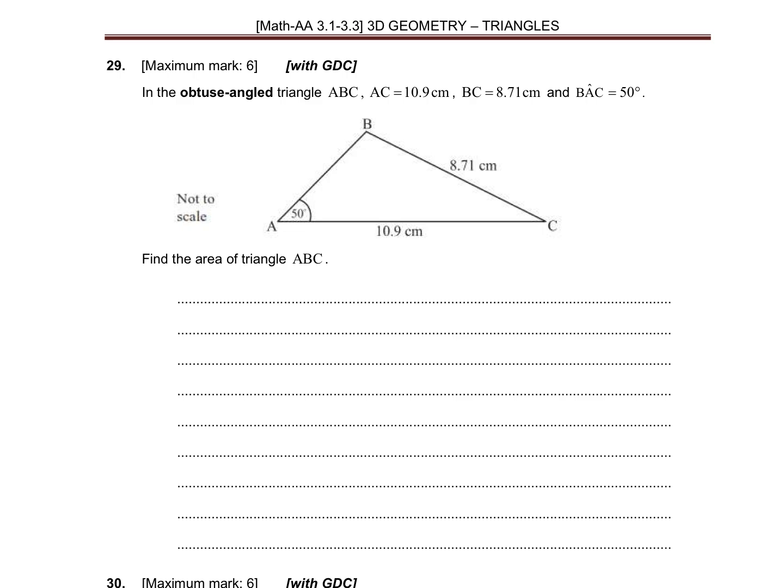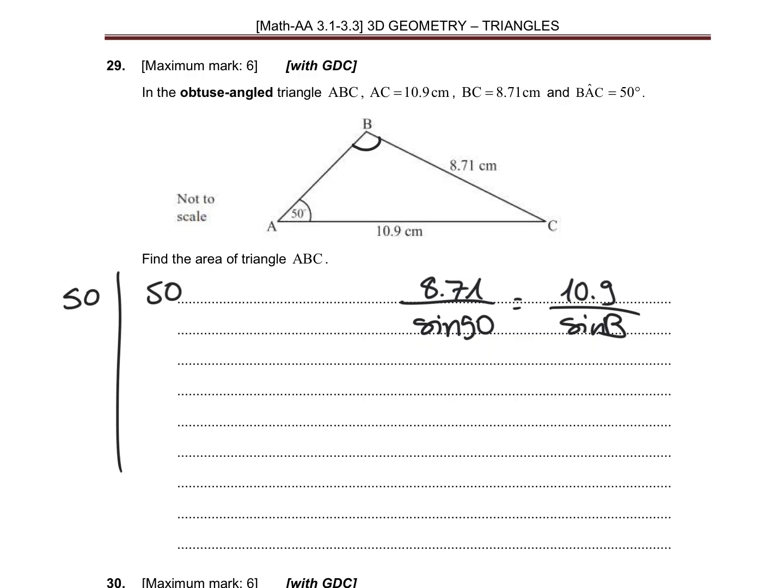Okay, so for 29, obtuse angle, all that information, find the area. Okay, so we're going to have 8.71 over sine 50 equals, and we can look for this side. Oh no, actually, what are we doing? We need this angle. Okay, so 10.9 over sine B, and we have 50 and 50. So we get 73.5, and 180 minus that is 106.5.